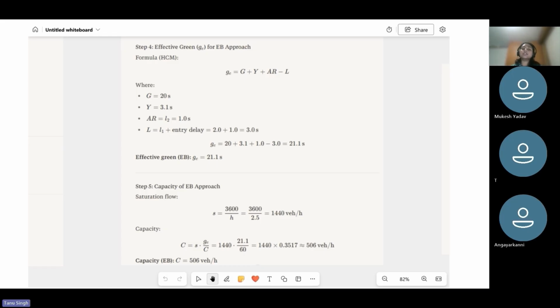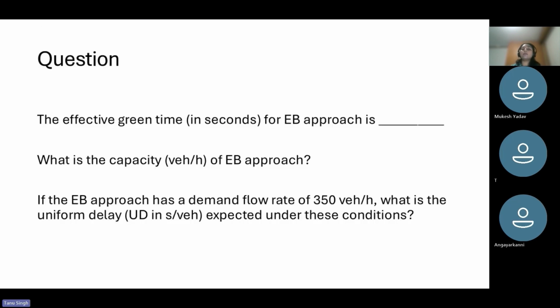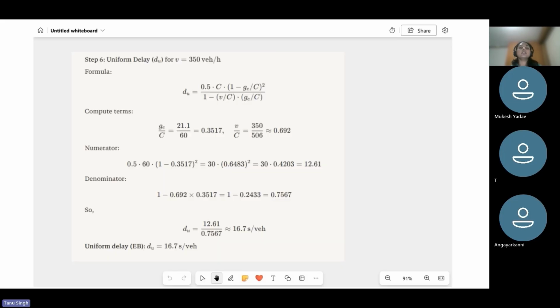Now the next question was to calculate the uniform delay if the volume is equal to 350 vehicles per hour. This is the formula for uniform delay: 0.5 into C into (1 minus g_e by C) whole square divided by (1 minus V by c into g by C).